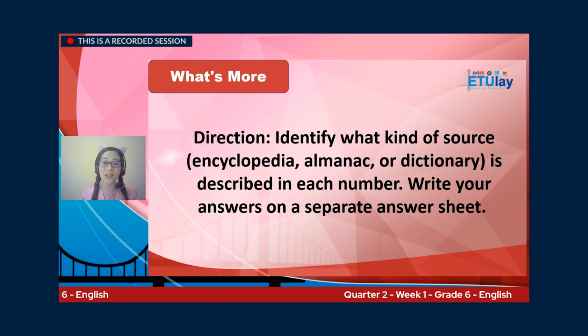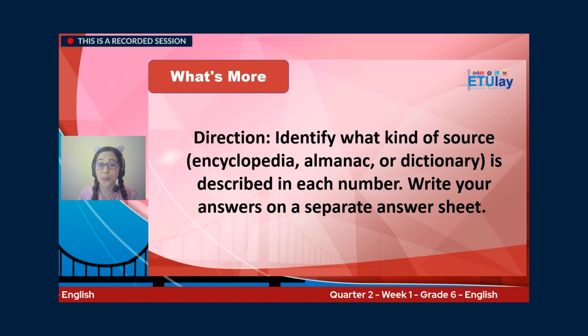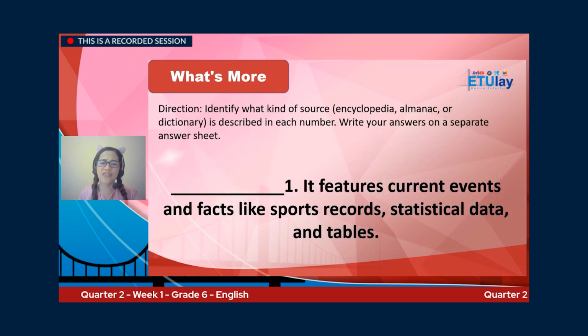And for our What's More activity, here's the direction, learners. Identify what kind of source, encyclopedia, almanac, or dictionary is described in each number. Write your answers on a separate answer sheet. Number 1. It features current events and facts like sports records, statistical data, and tables. What is it?